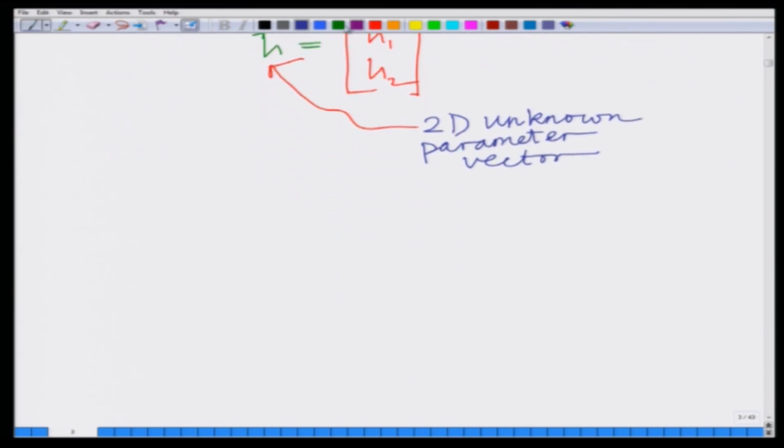Now, to find that estimate, let us first give x, which is your pilot matrix. Remember, this is x, your pilot matrix. So, let me write this clearly again.